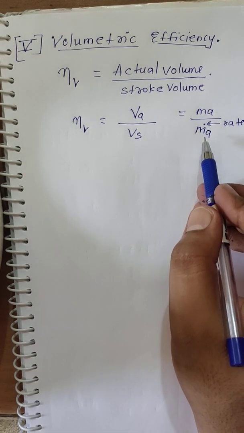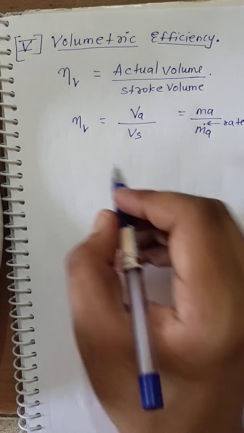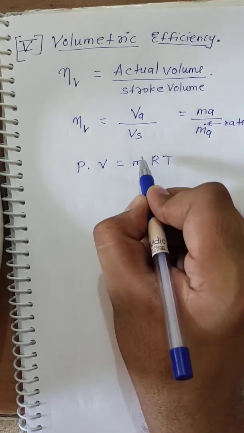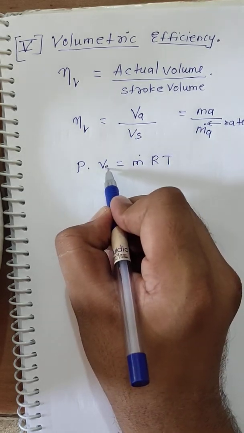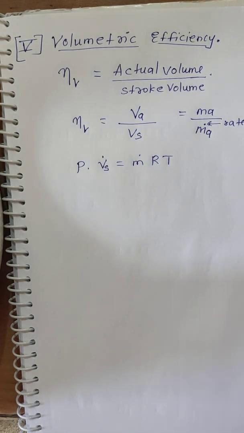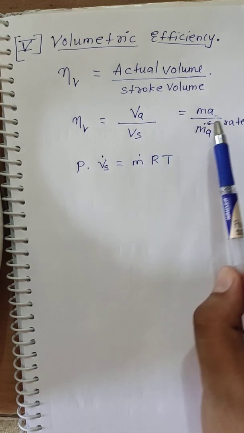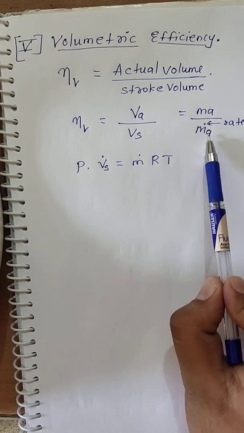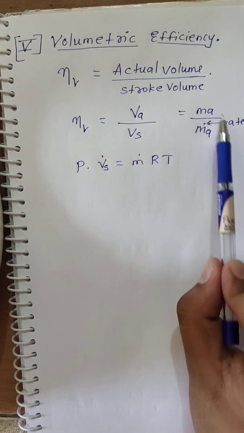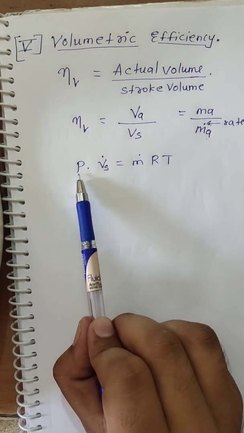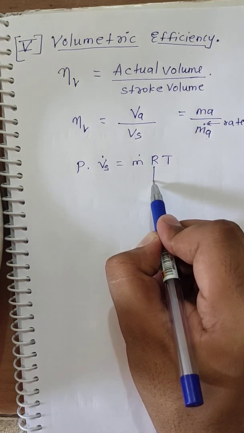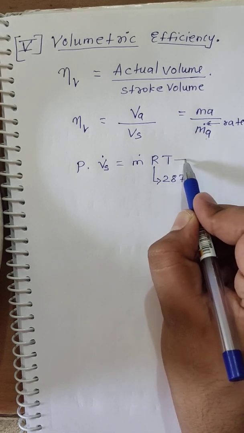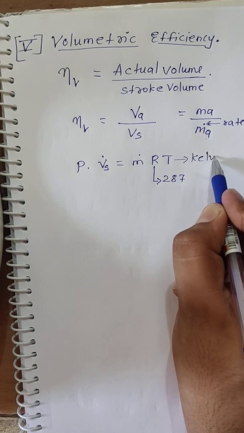Okay, so if I want to find this m dot, your basic formula you know, PV equals to MRT. So for this you have to find Vs dot, student. See, you can use this formula or you can use this depending upon your question. You can use volume related formula or mass related formula. If you are using mass related formula, then Ma dot you will find out by using this equation, where this is called as a characteristic gas equation, where R is 287 and T should always be in Kelvin, students.